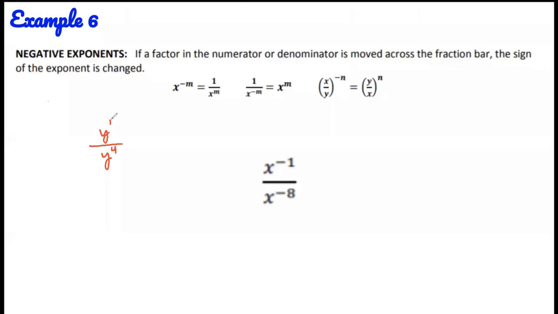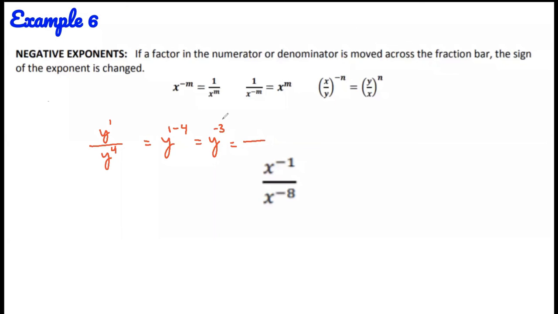So in this case, if you were to apply the quotient rule, you would end up with y to the 1 minus 4, y to the power of negative 3. In order for us to make this power happy, because it's negative, we can change it from the numerator to the denominator. Basically, what it's saying is that we have the inverse of it.